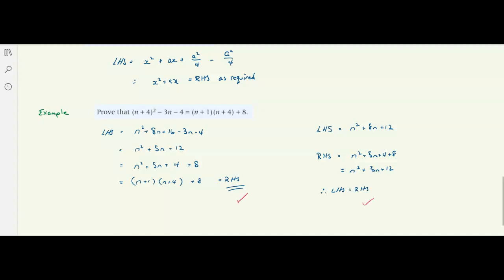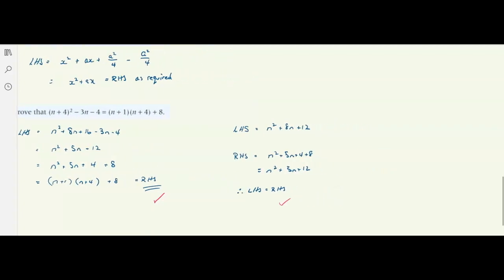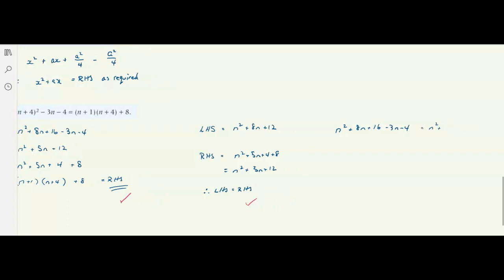What is not okay, and really important to highlight here, is that it's not okay to work on both sides simultaneously on the same line. So what I mean by that is n squared plus 8n plus 16 minus 3n minus 4 equals n squared plus 4n plus 1n, n plus 4 plus 8.